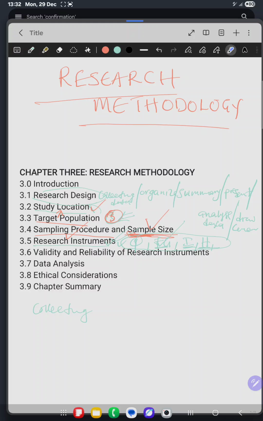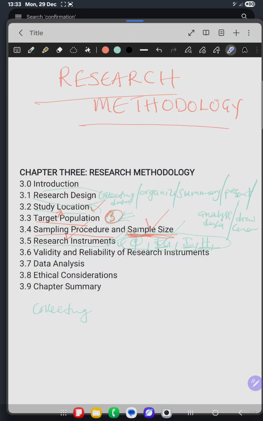Now, after you've learned about research instruments, we then need to know what we call validity and reliability of research instruments. So what is this validity and reliability? Remember, we've already known what research instruments are. These are the tools that you use as a researcher to collect data. Now, how can you know that the research instruments that you are using are valid and reliable?